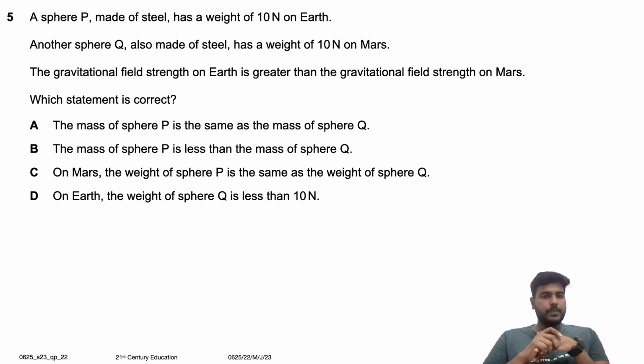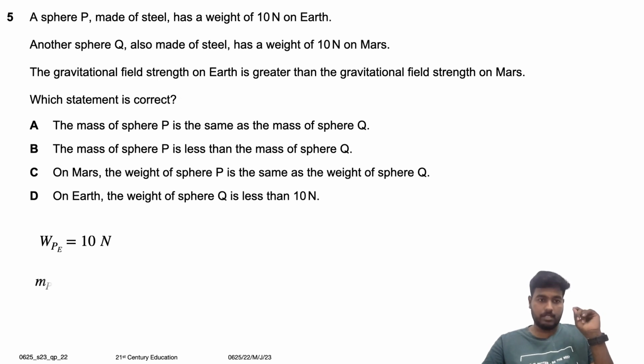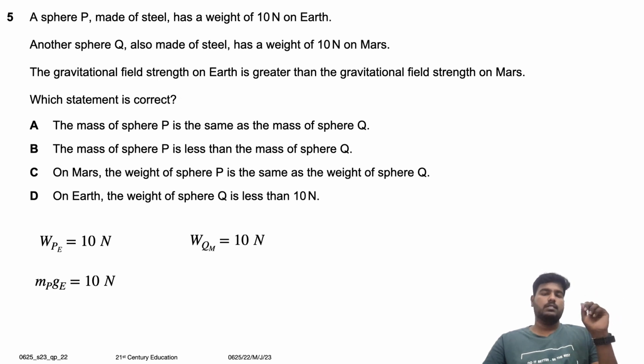These statements compare the mass of the spheres P and Q. The weight of sphere P on Earth is 10 Newton, which means mass of P times acceleration due to gravity of Earth is 10 Newton. Same for Q: weight of Q on Mars is 10 Newton, which is mass of Q times acceleration due to gravity on Mars, which is 10 Newton. Both are the same.